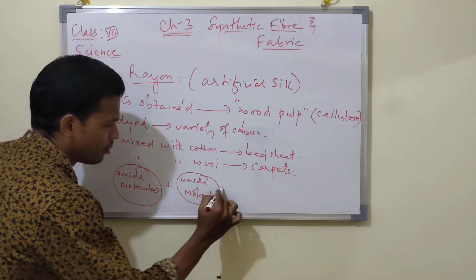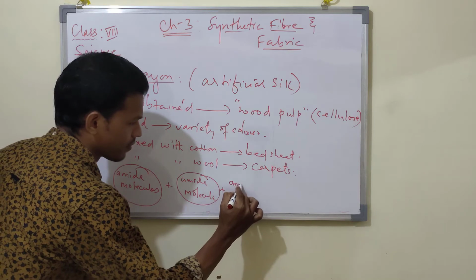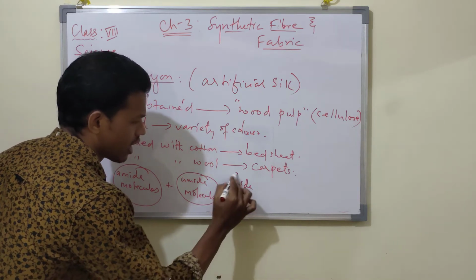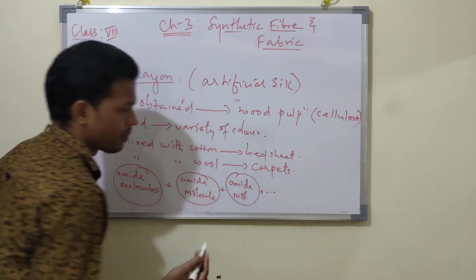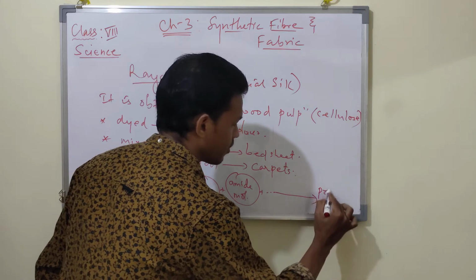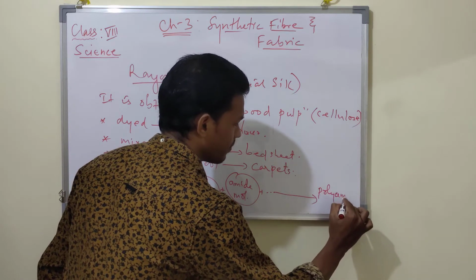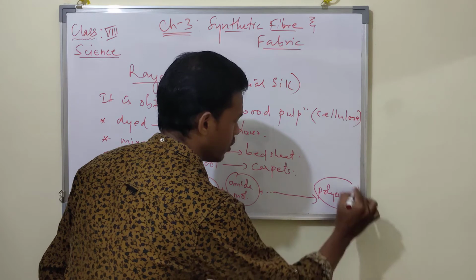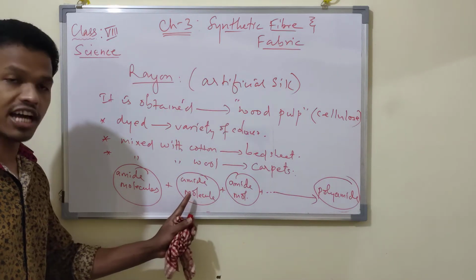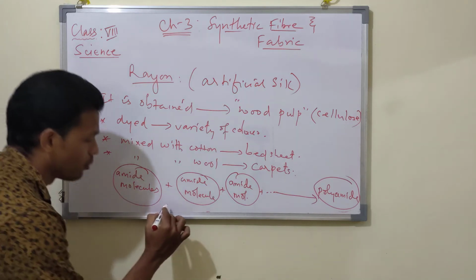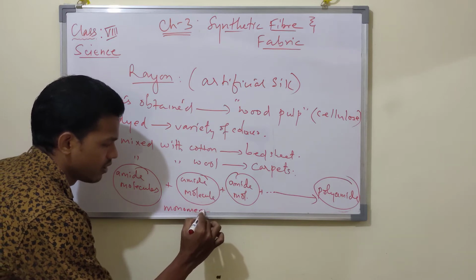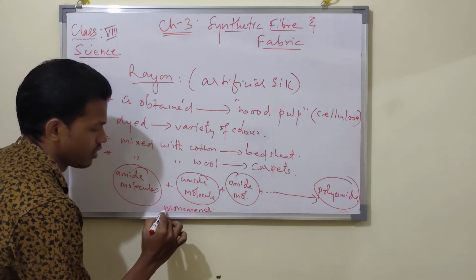A large number of amide molecules are combined together by polymerization. That makes what? Polyamide. Joining together a large number of amide molecules, that is monomers. Already I told you what monomers are: small units.